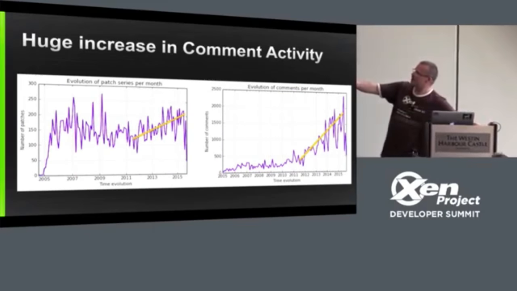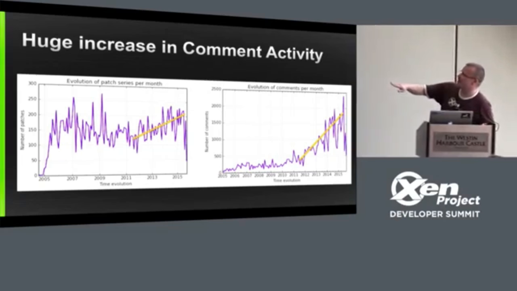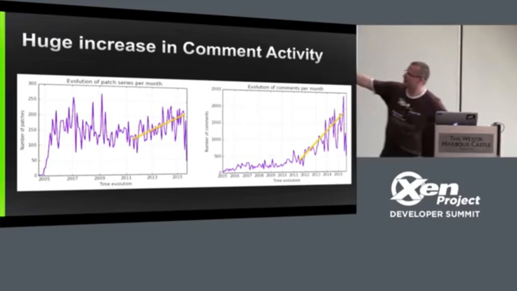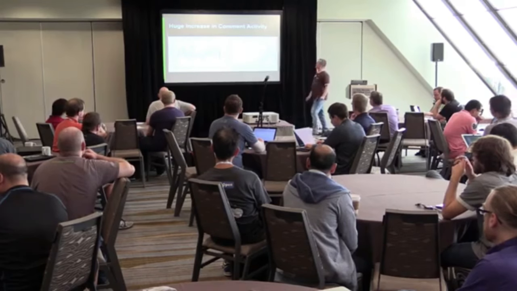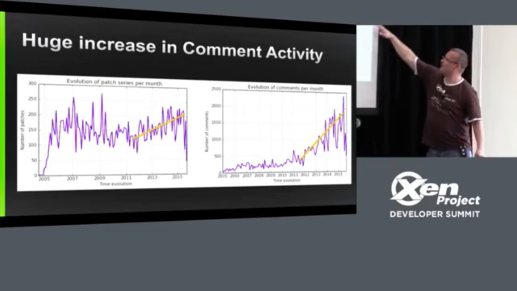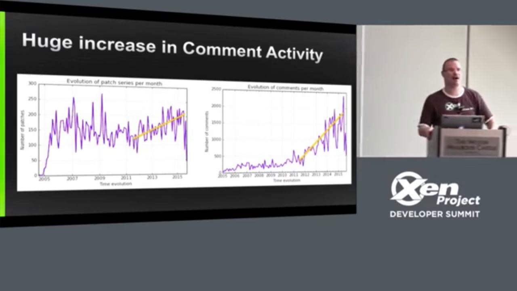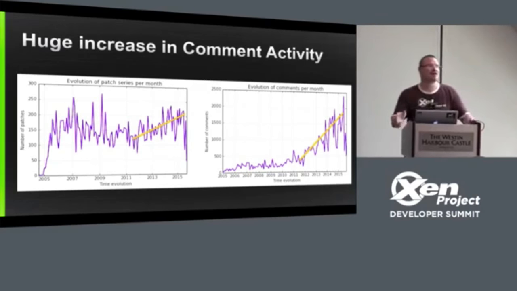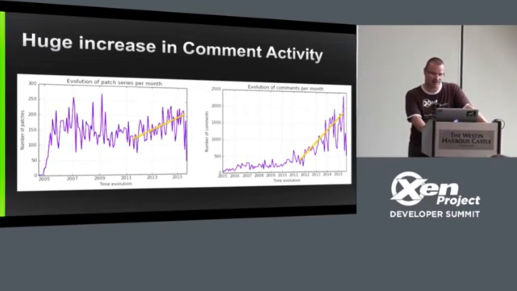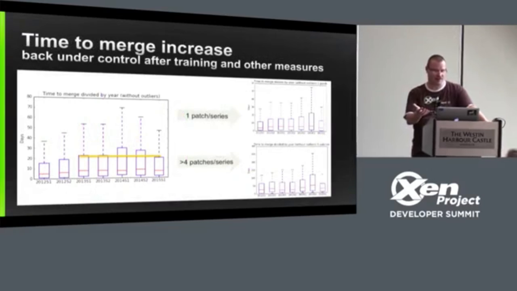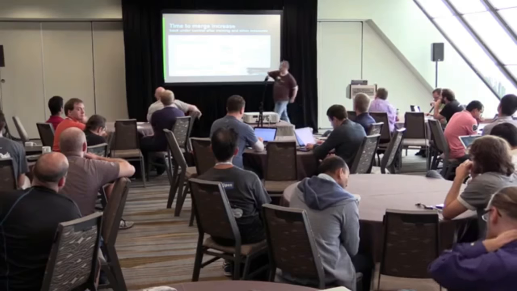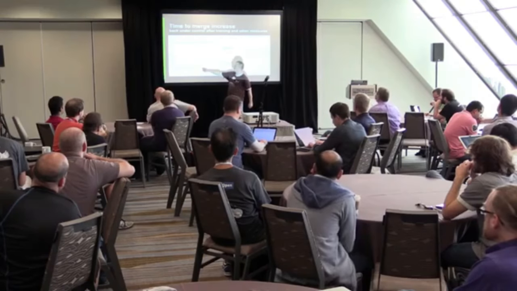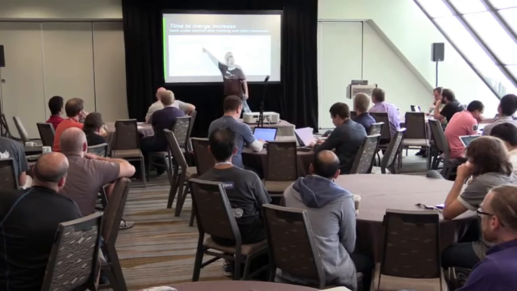Anyway, the initial study showed that the amount of patch series which were committed went up. The amount of comments posted about these patch series went up at an even faster speed. Then we ran some statistical analysis, and this shows the median, the 25th percentile, the 75th, and the 95th.